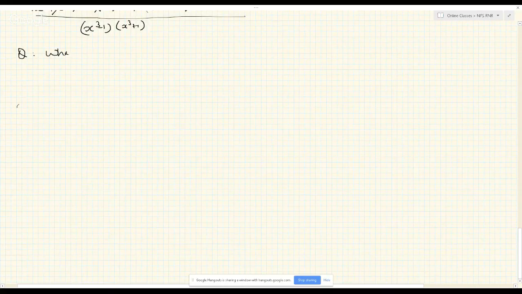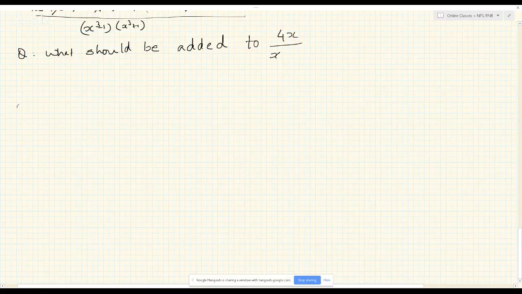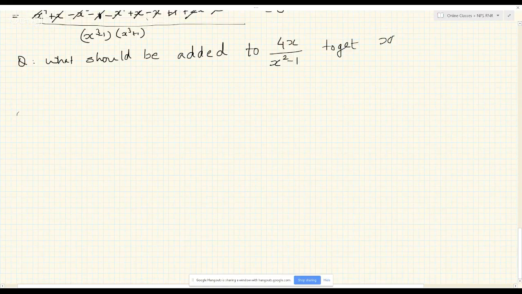What should be added to 4x upon x square minus 1 to get x plus 1 upon x minus 1?